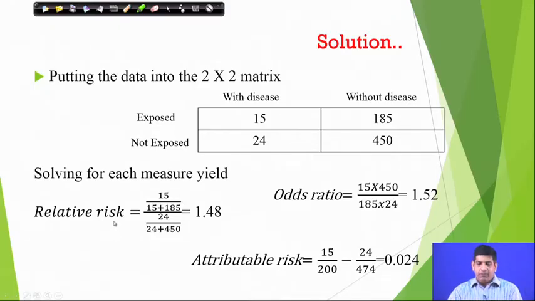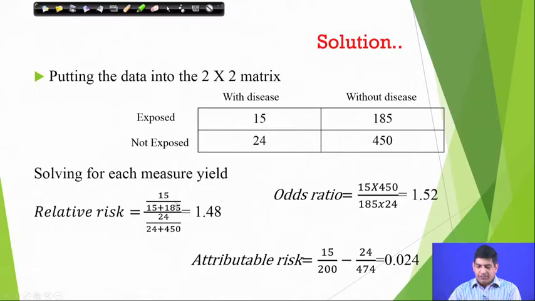So, again remembering the slide from 2 slides before, for relative risk, we can divide. We have A, B, C and D. So, we had A divided by A plus B. So, that is the relative risk in terms of exposed getting disease divided by not exposed getting disease. So, it is more than 1. Odds ratio is 1.52, which is 15 times 450 over this times this.